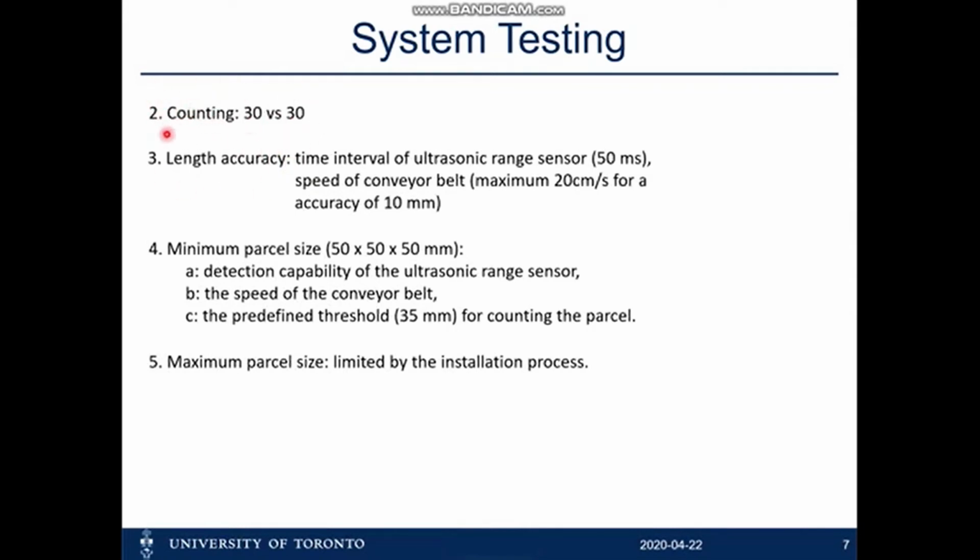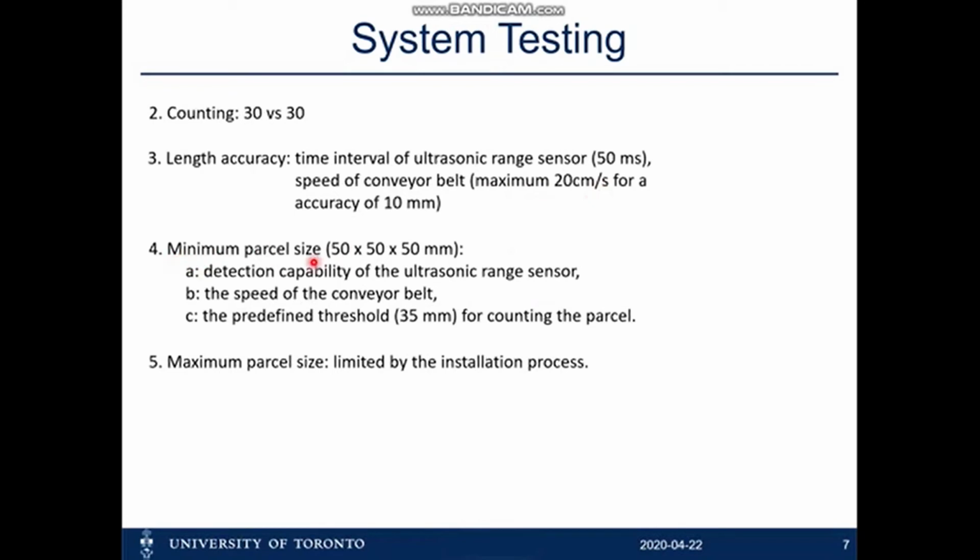About the length accuracy, in this experiment, the time interval of the ultrasonic sensor is set to 50 milliseconds, and to achieve an accuracy of 10 millimeters in the length, the speed of the conveyor should be set to a maximum of 20 centimeters per second.